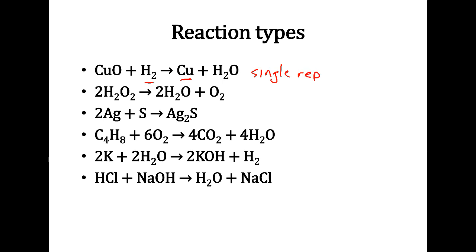As we look at our next example, we see that we have one reactant, H2O2, or hydrogen peroxide, going on to form H2O and O2. So this would be an example of a decomposition reaction.